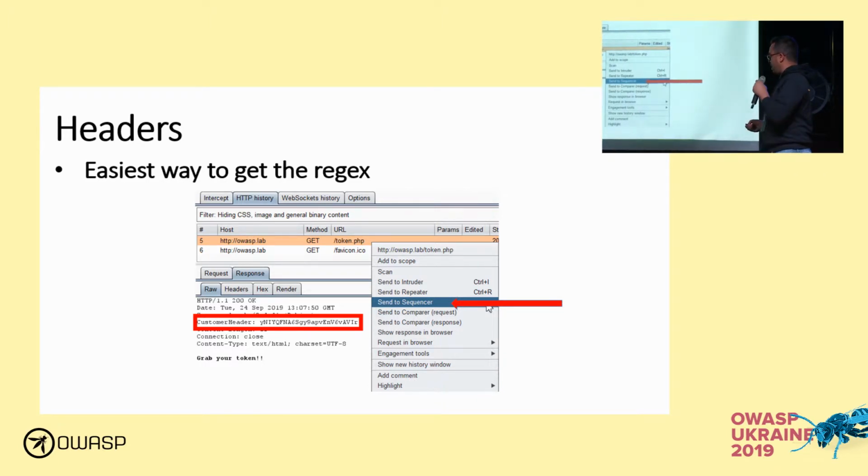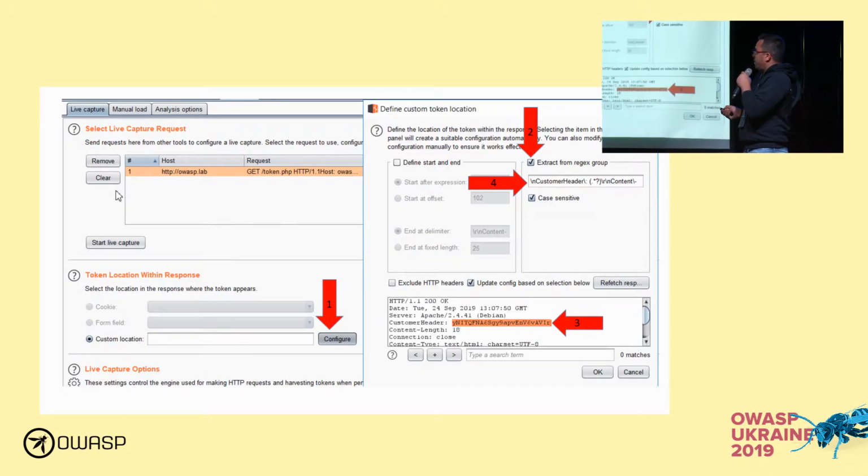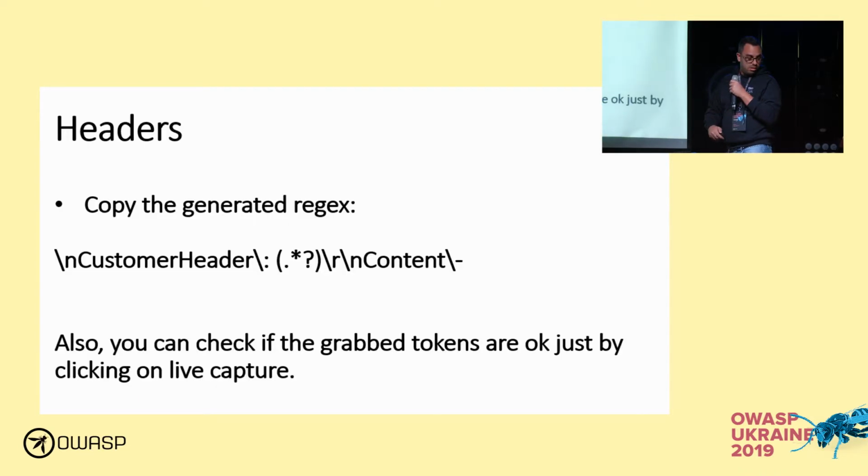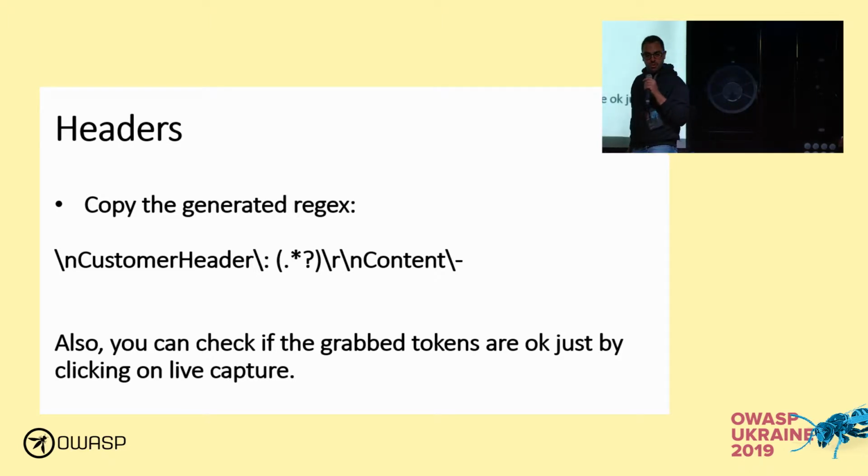Then you just send it to Sequencer. Inside the Sequencer, you go to configure, and then extract from regex group. Then you have to double click here, and it will generate the regex for you. After that, just copy and paste. I'm going to show you where we should paste it.